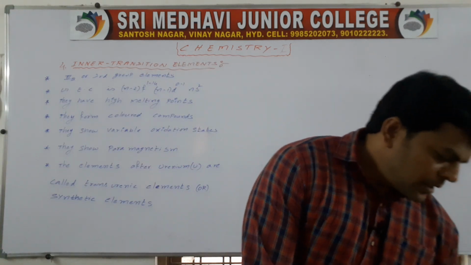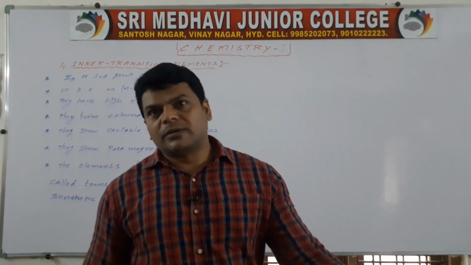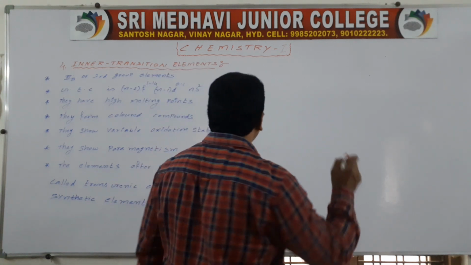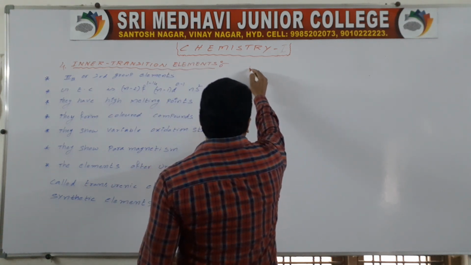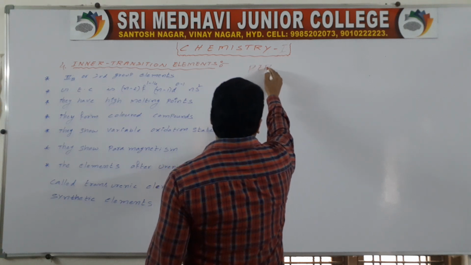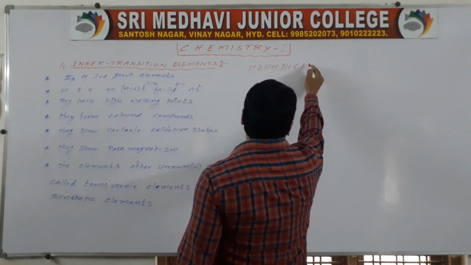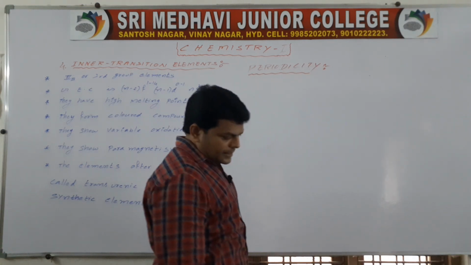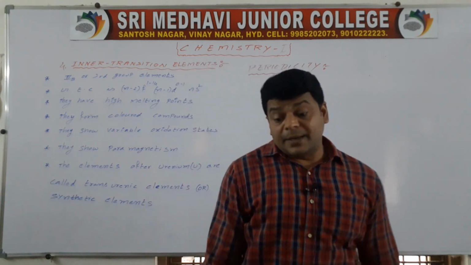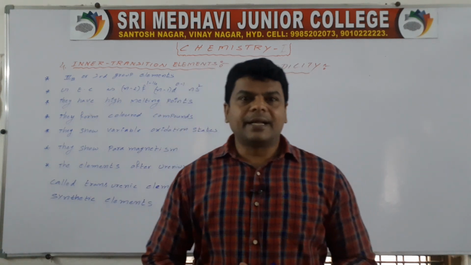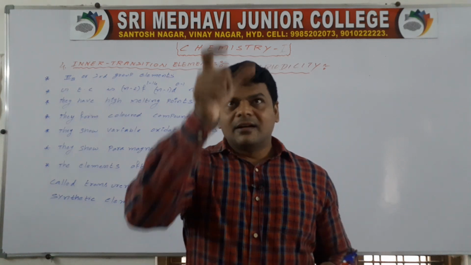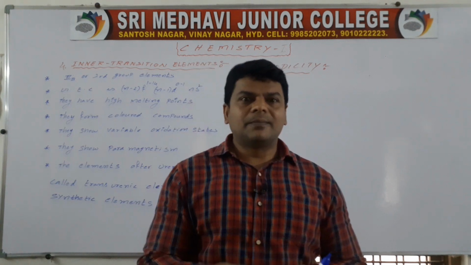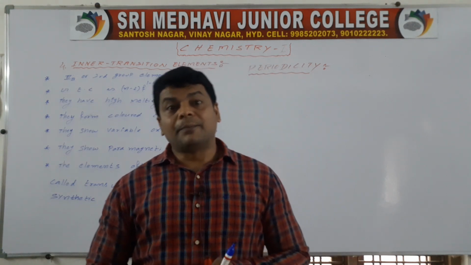Then you have to know one more important topic we are going to discuss, that is periodicity. What is periodicity? The periodic table has vertical columns, called groups, and horizontal rows, called periods.